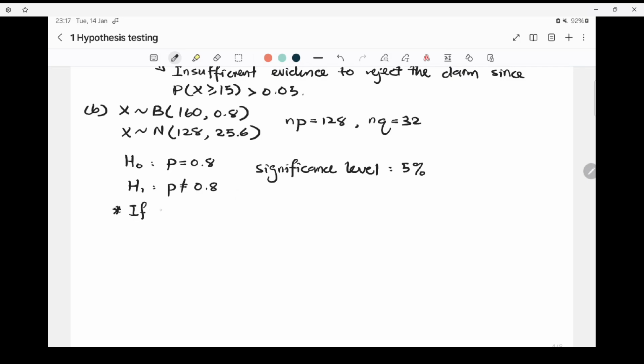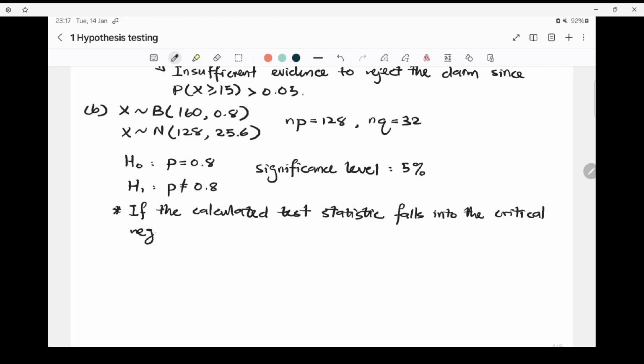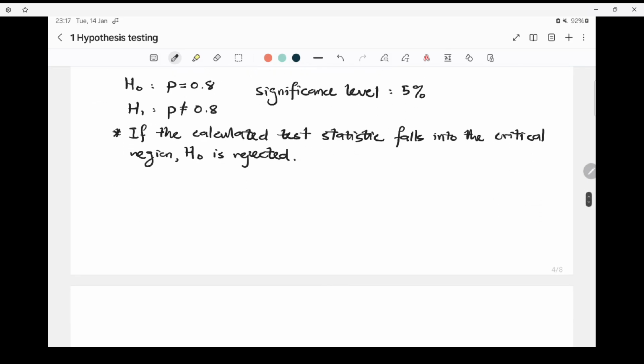If the calculated test statistic falls into the critical region, then your H naught is rejected. So you need to do the left and the right. Either one fails, basically you fail.